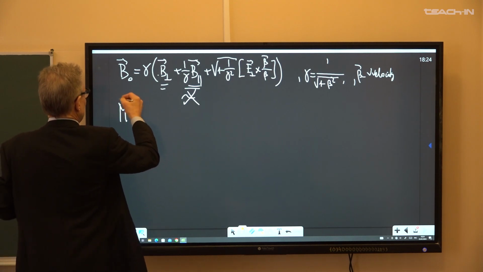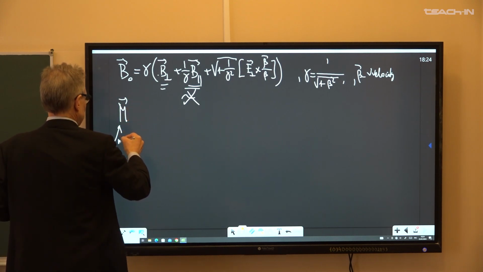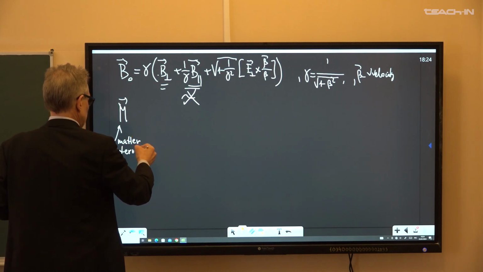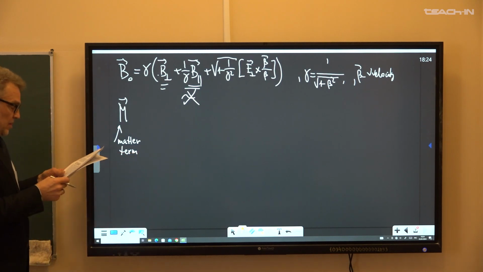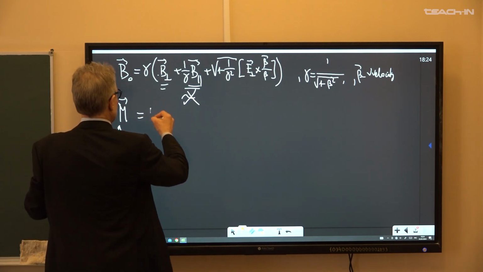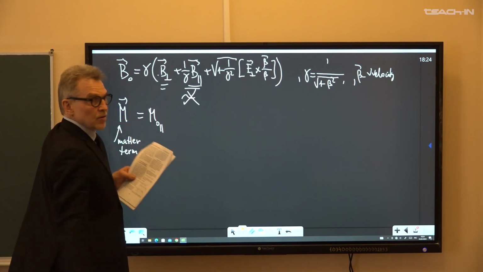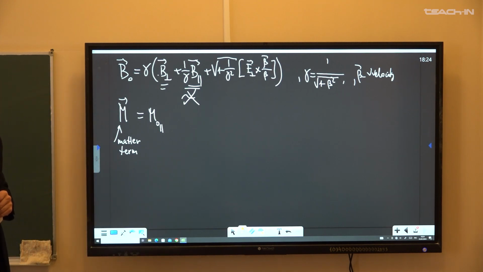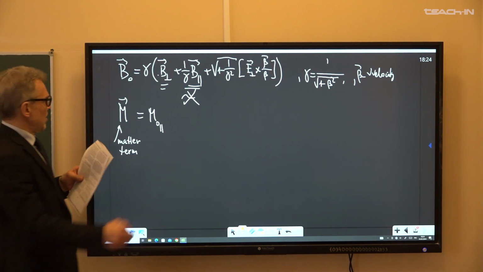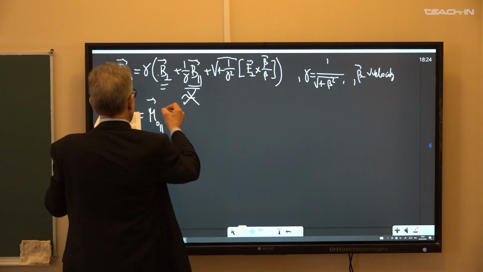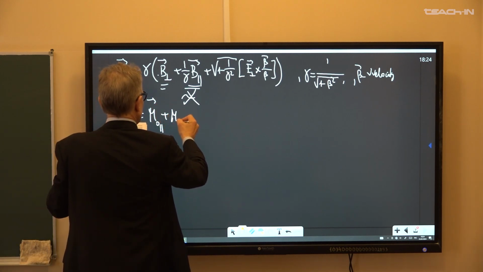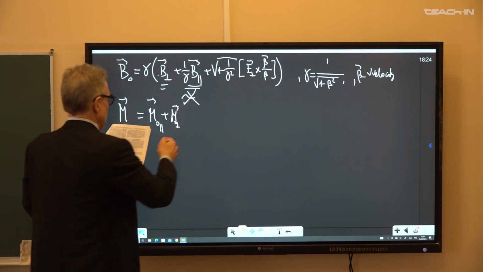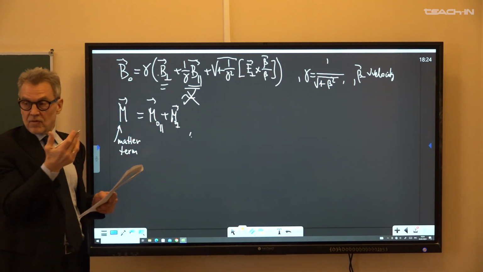M, this is a matter term. Also, we can distribute it to the longitudinal part in the laboratory frame, and the transversal part in the laboratory frame, and we have derived exactly that, that was our result.